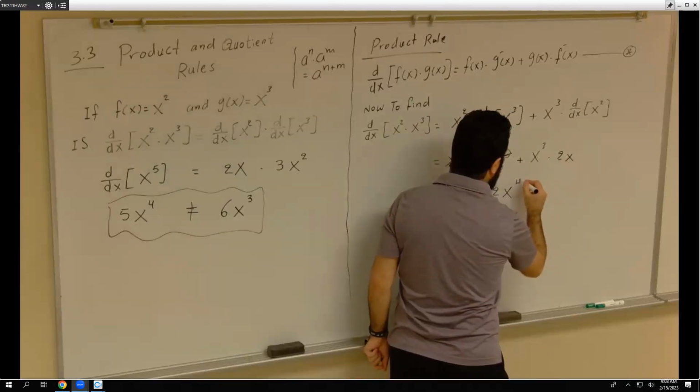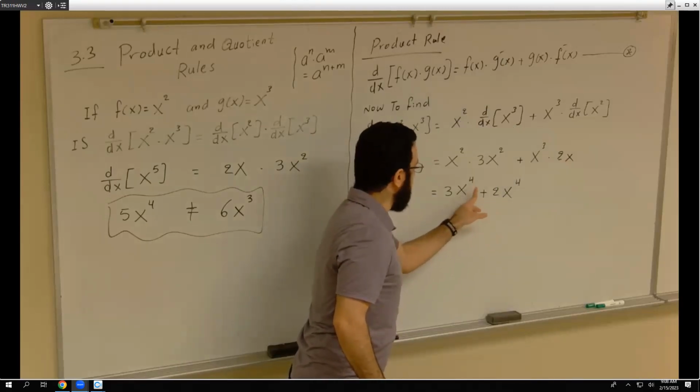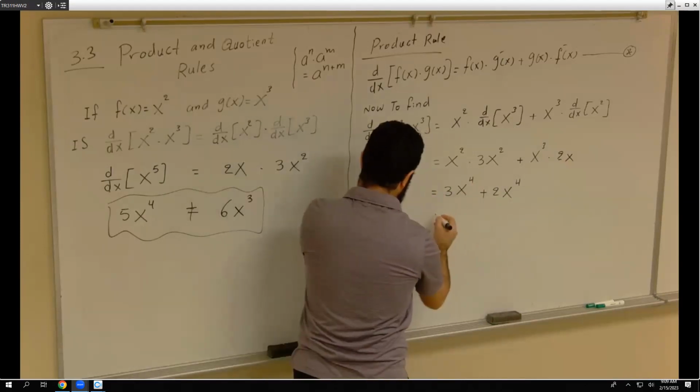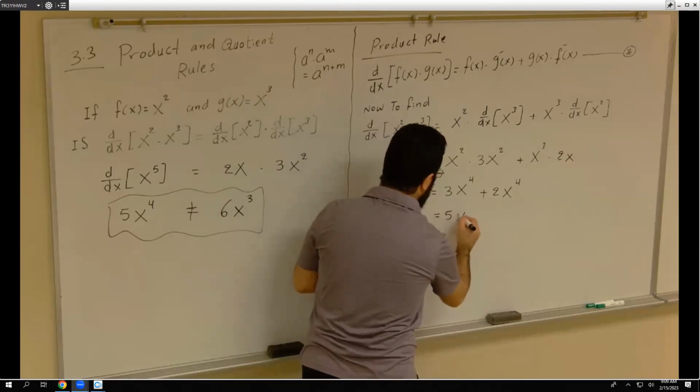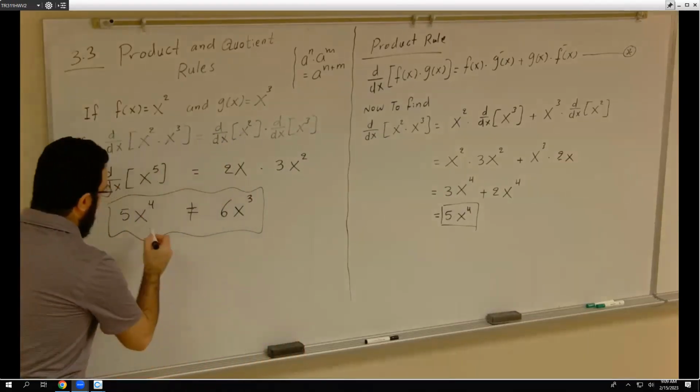Now, I can add these together because they are the same base with the same exponents. So 3x to the power 4 plus 2x to the power 4 is going to be 5x to the power 4. Check what we got. We got exactly the same result here.